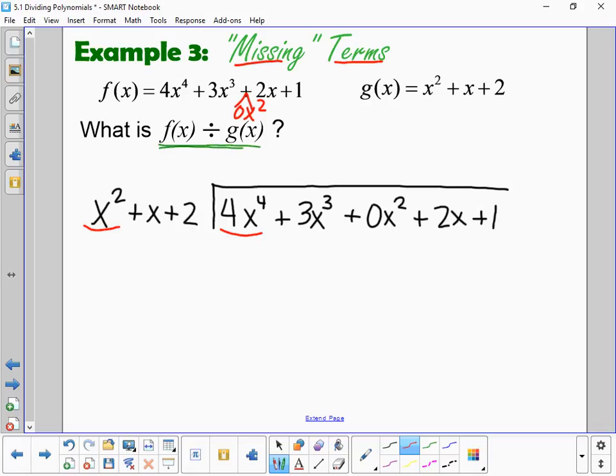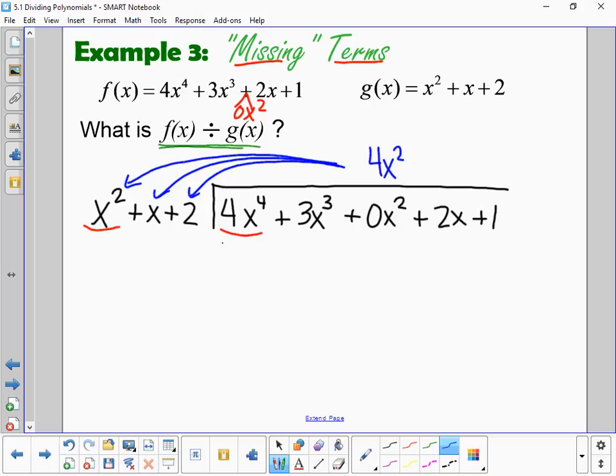Well, I definitely need a coefficient of 4, and I need 2 more factors of x. So I'm going to put it all the way down here with its like term, 4x squared. And now I'm going to multiply that, and I have to multiply by each. It's just distributing, really.